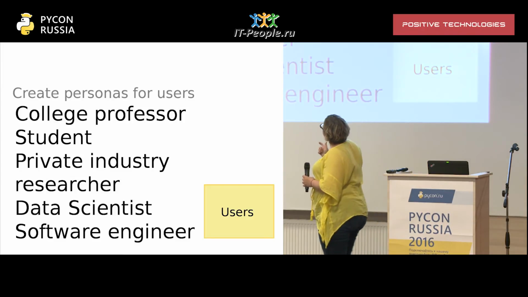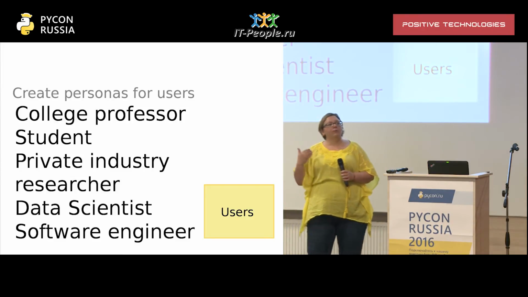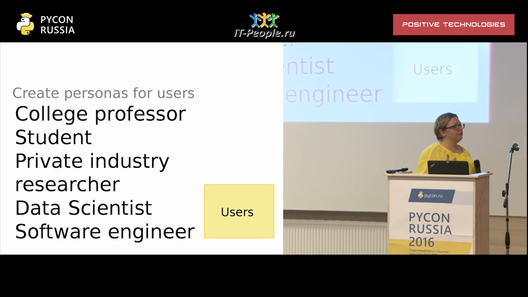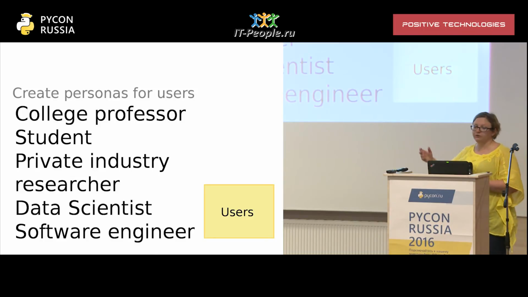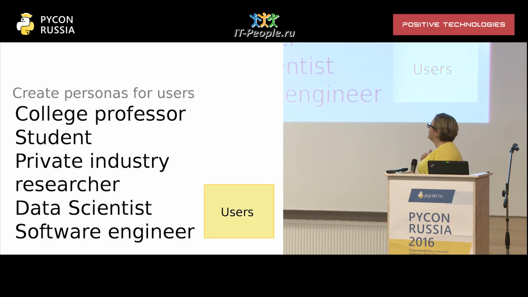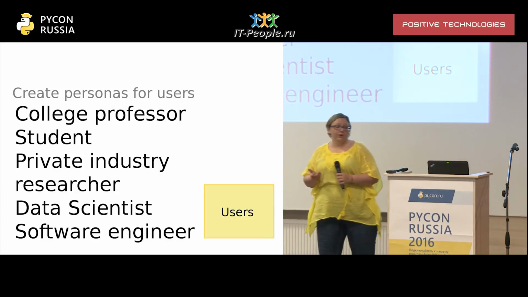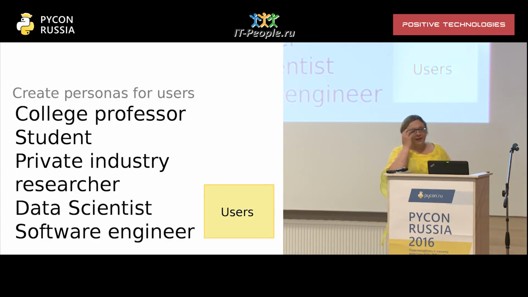For example, the college professor might have some experience in Visual Basic or something, so that's the direction they're coming from. A student might be trained in Java, private industry, who knows? And data scientists would know R and Python really well, and a software engineer knows the full stack going down.